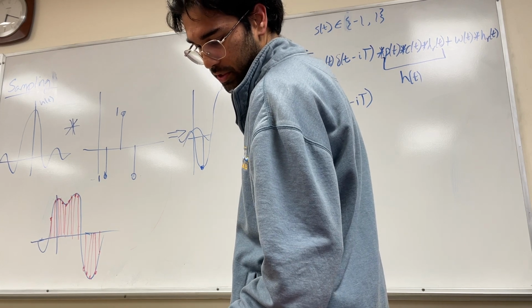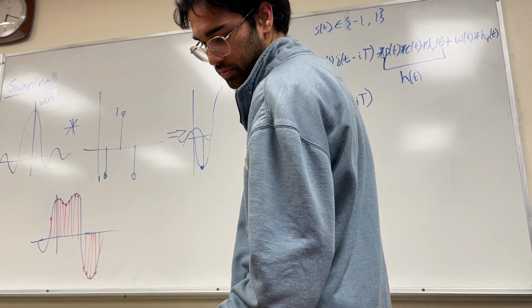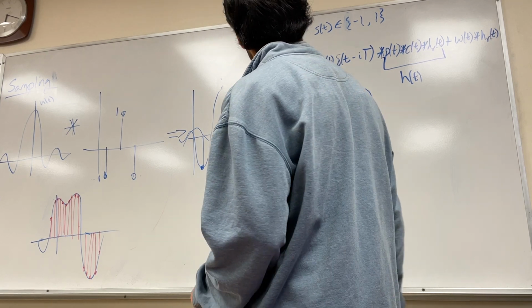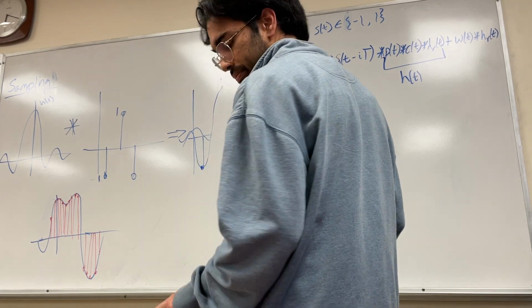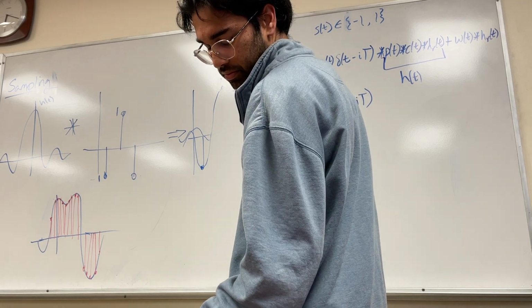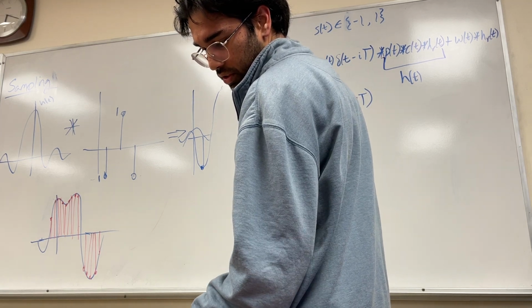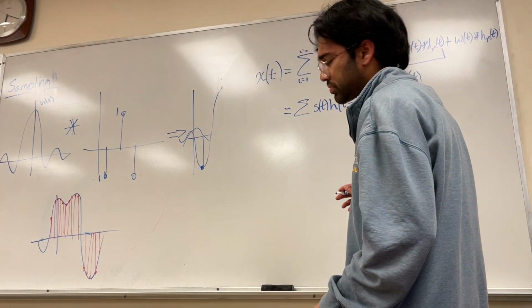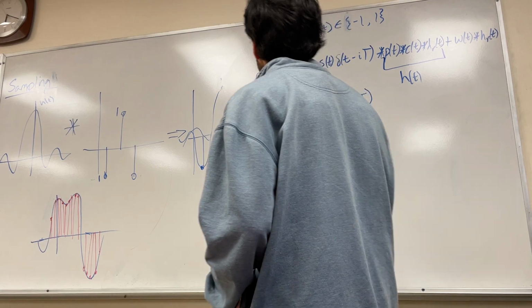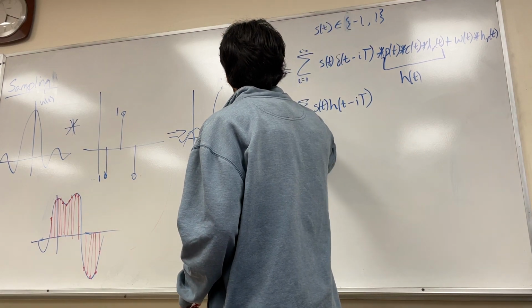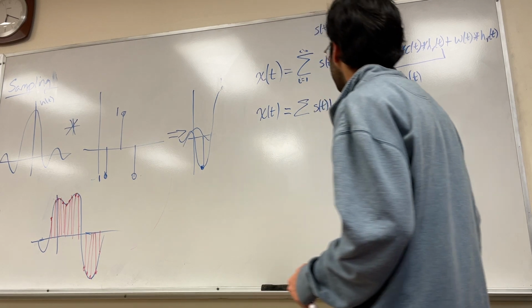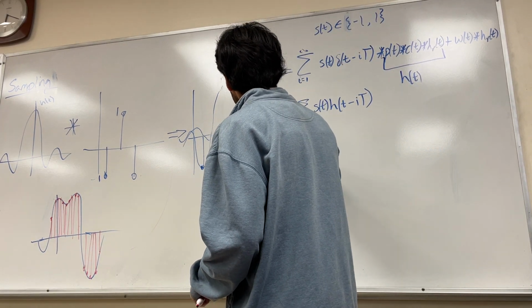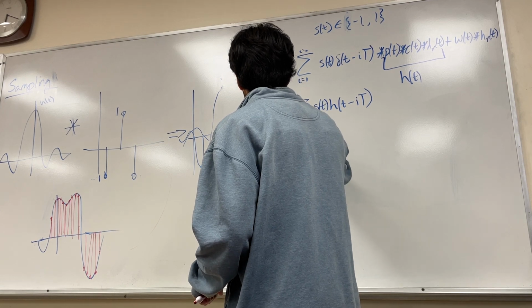Let's see, what would be the best way to put this? So we have an arbitrary delay in this, so we can now call this x of t plus tau, okay?